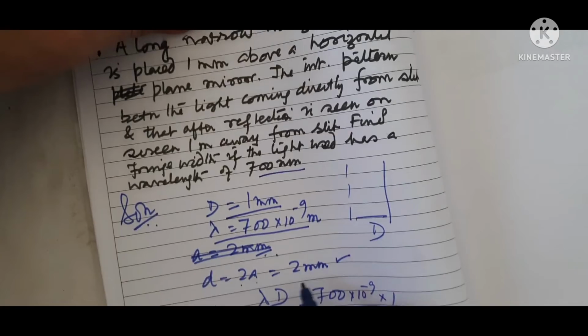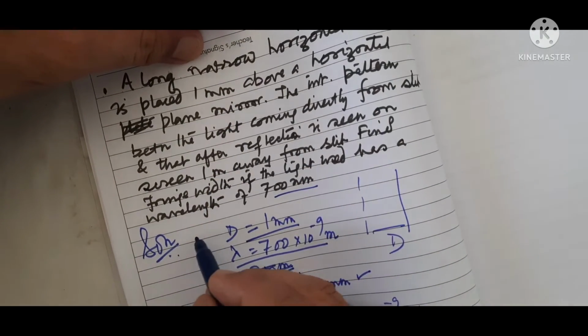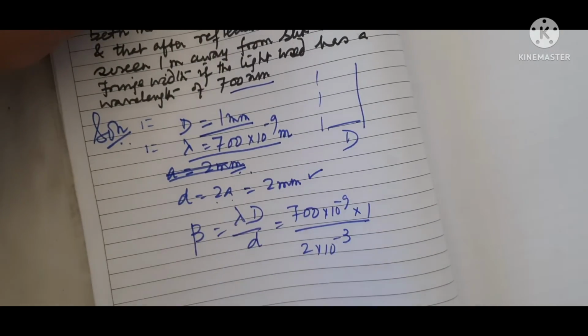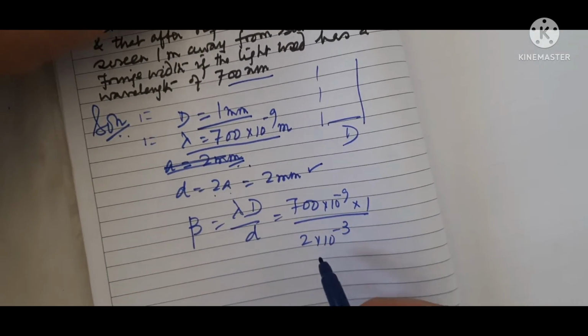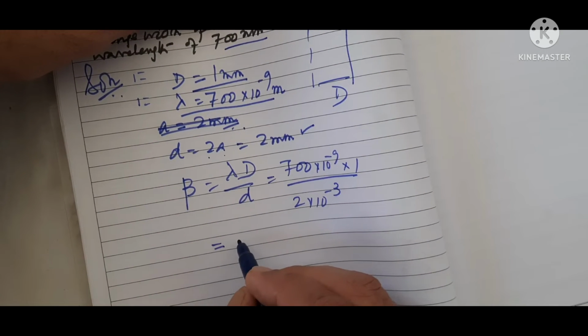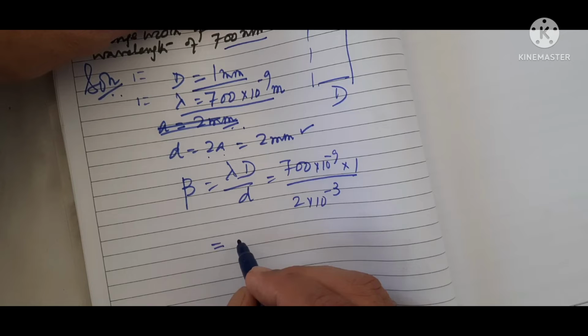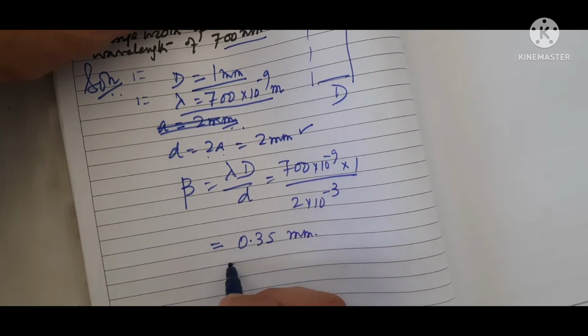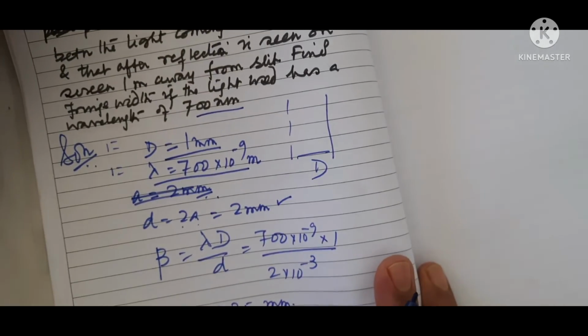How does it come? 1 millimeter plus 1 millimeter. That is your d. Find the value and you will get around 0.35 millimeter. That should be your answer.